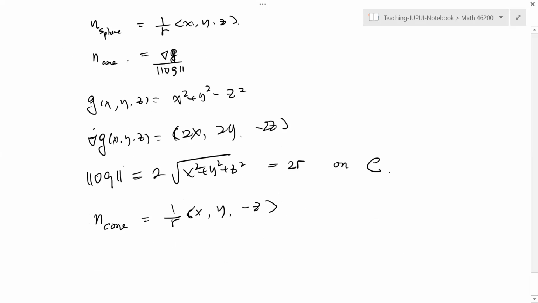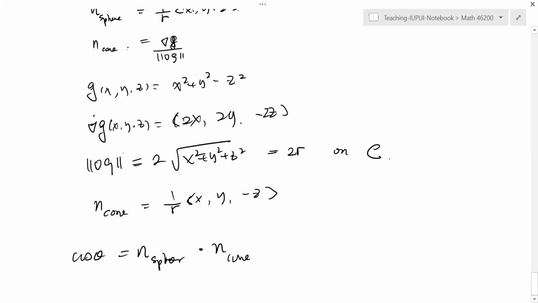All right, so now the inner product, right? The angle cosine theta is n sphere times n cone, right? So I get 1 over r squared, and it has x squared plus y squared minus z squared.